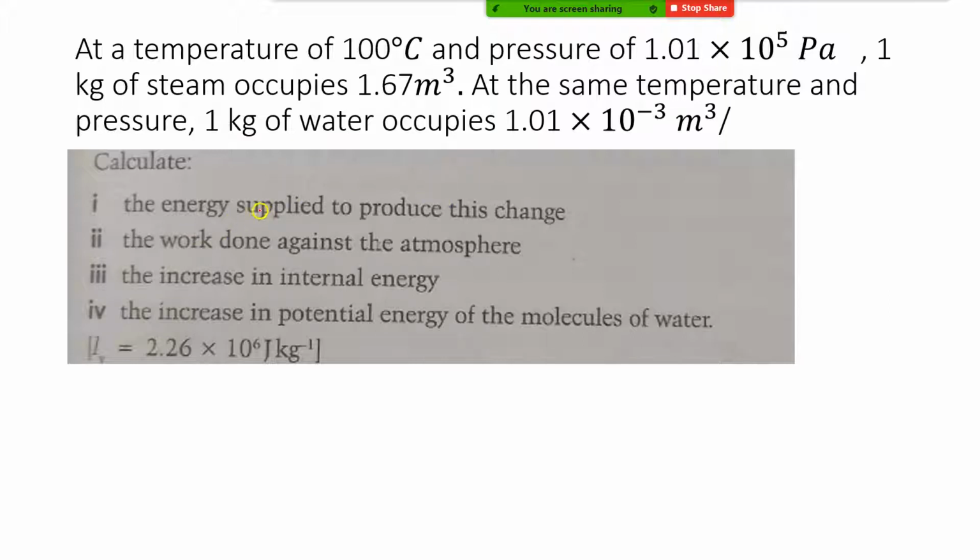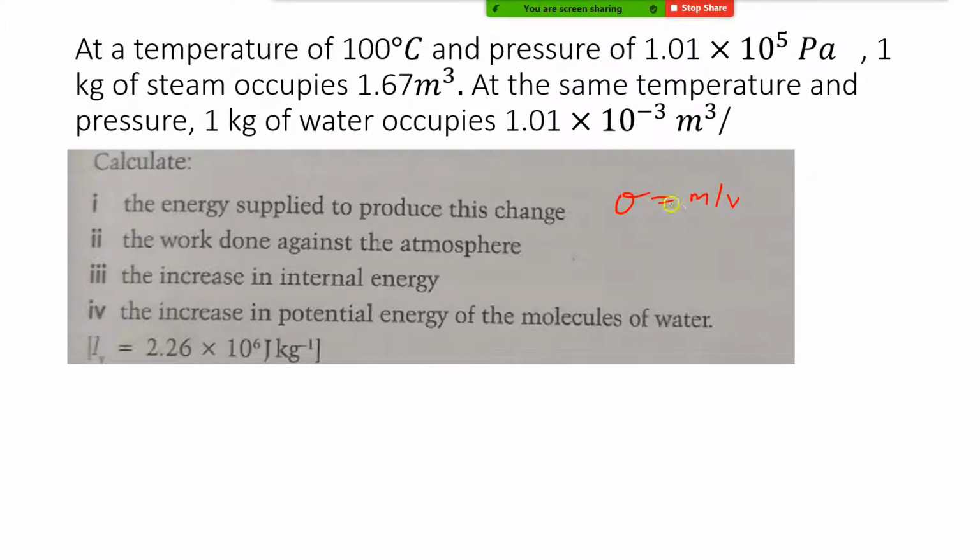So if I want to find out the amount of energy that was used to essentially convert that amount of water to steam, then I would use this equation that says Q, which is the energy, is equal to the mass of the water times the latent heat of vaporization, right?